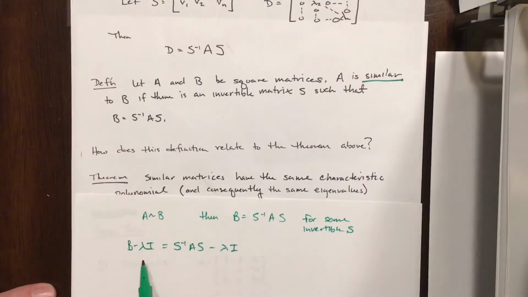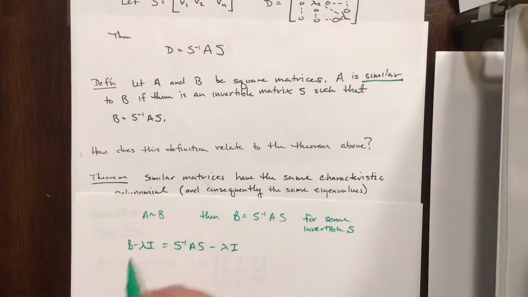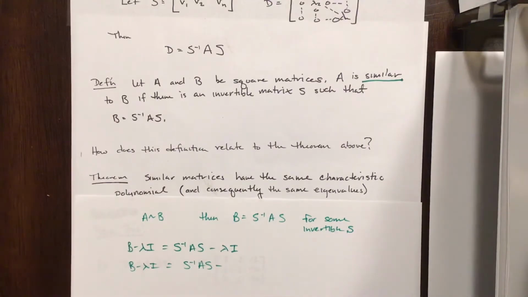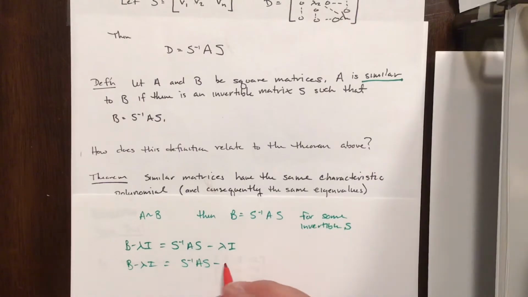Now, why do I care about lambda I being subtracted from both sides? It's because I'm going to try and find the characteristic polynomial for B, which means I take the determinant of the matrix B minus lambda I. Being creative here, I can take lambda I, which is a diagonal matrix.